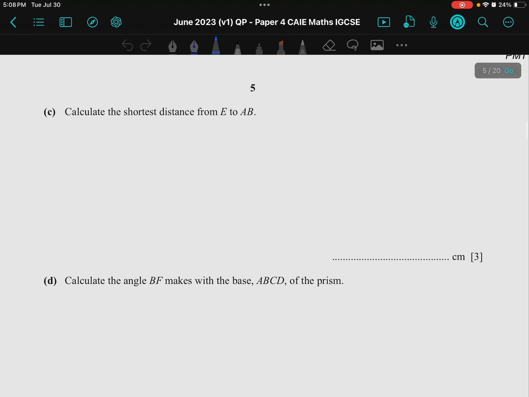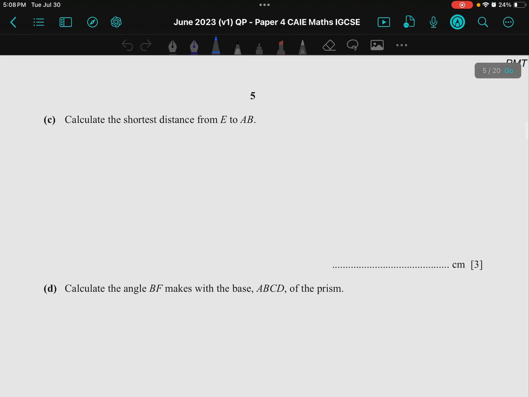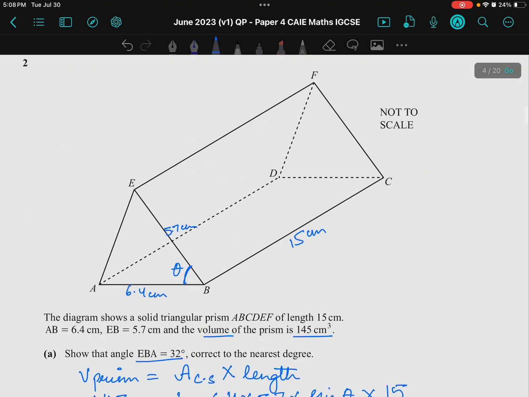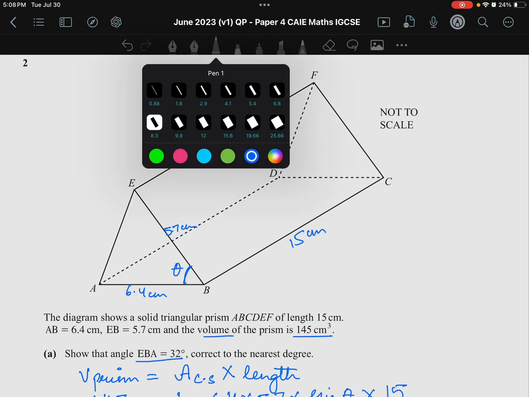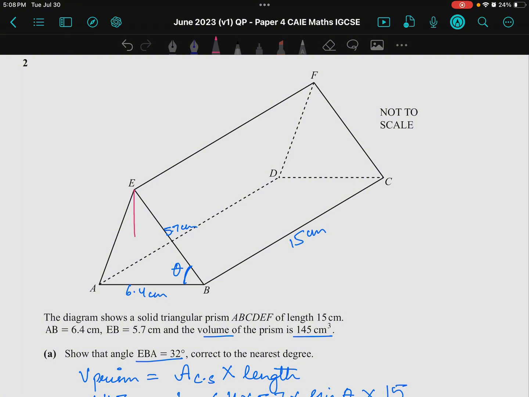Coming to part C. Calculate the shortest distance from E to AB. E to AB. The shortest distance is the perpendicular distance. So what I can do here, taking the perpendicular distance as the shortest distance. Okay.